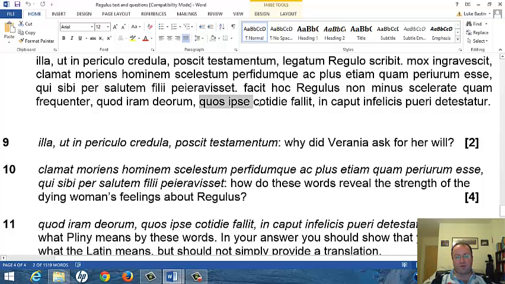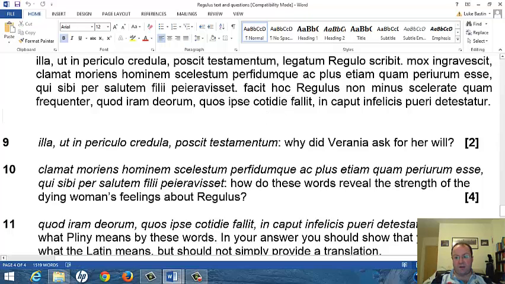And then we've got this quos phrase, which is linking back. Notice how quos is plural, so it's linking back to deorum, the gods. Okay, so whom he himself cheats daily. So whom he himself fallit cheats quotidie daily.